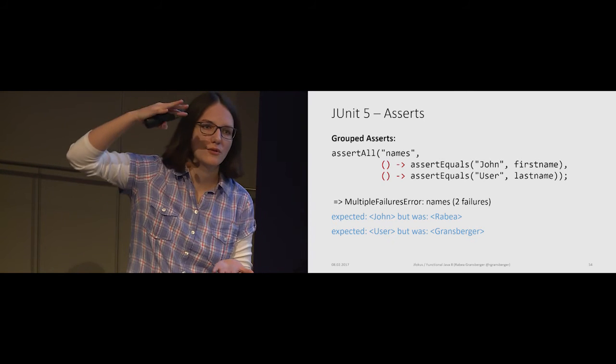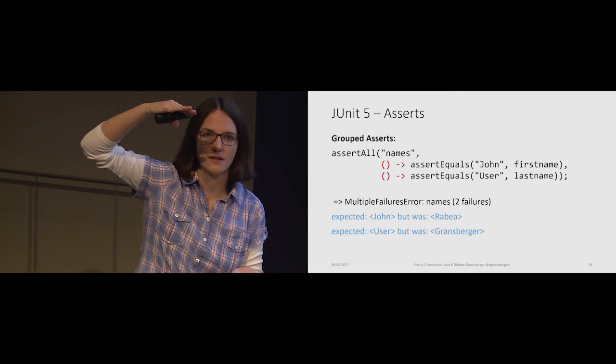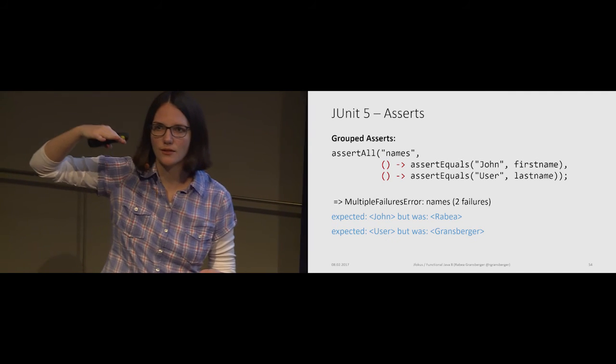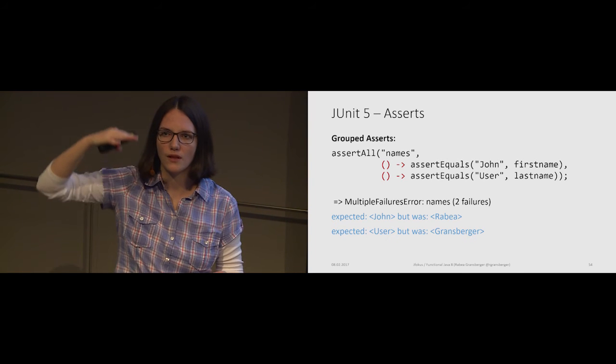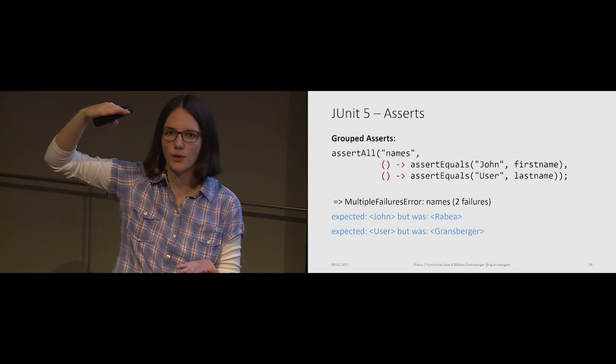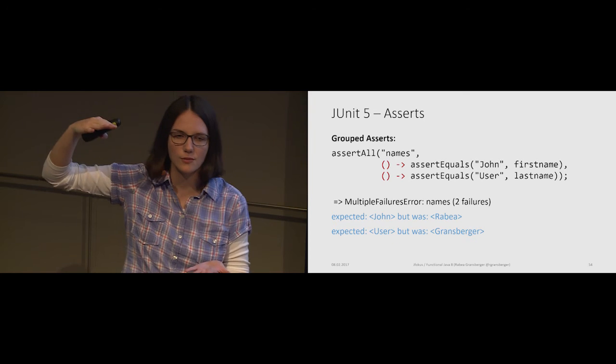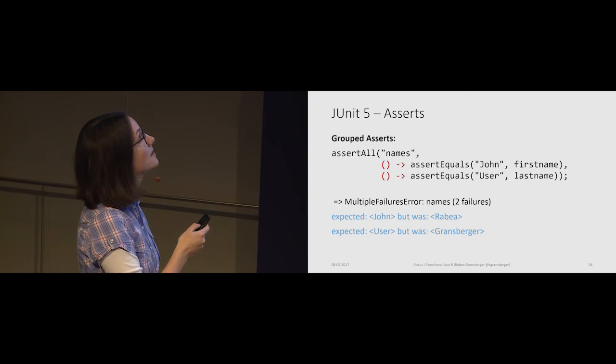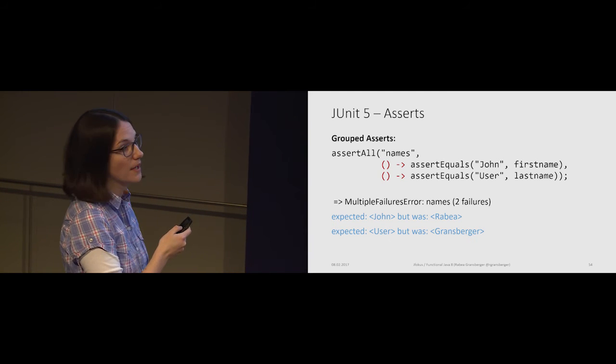So what else can we do? We don't only have single assertions anymore. If you wanted to assert two different things in your test case, you always had to write two test cases, right? Because only the first one would have shown up. If both would have failed, you would have only seen the first one. Now you can call assert all and pass in a number of lambdas.